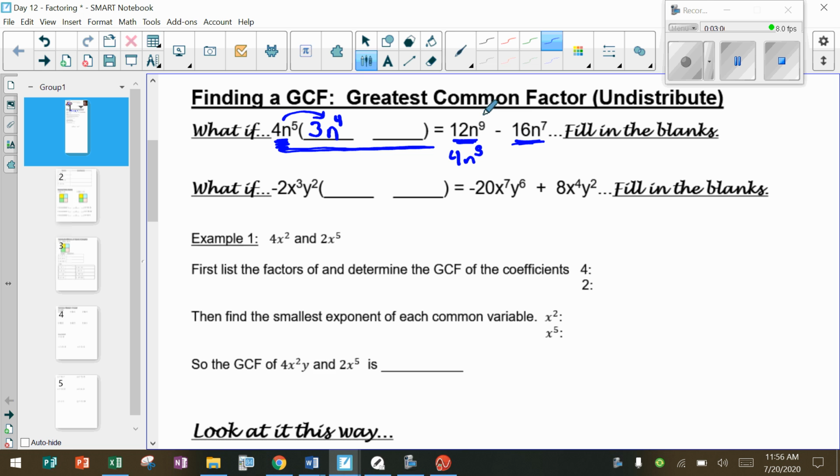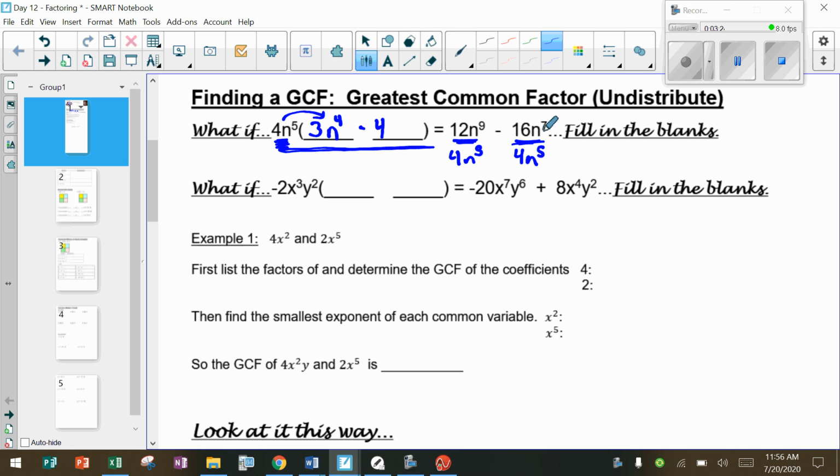Let's do the same thing with the second piece. If I need to end up with a minus 16n to the 7th, what times 4n to the 5th makes a negative 16n to the 7th? So I'm going to take my negative 16n to the 7th and divide it by the 4n to the 5th. So negative 16 divided by 4 is minus 4.